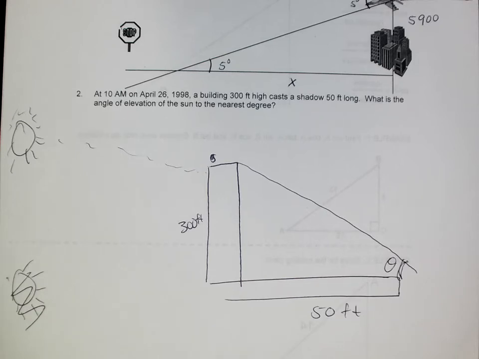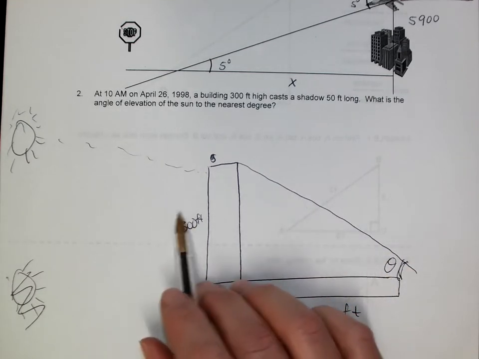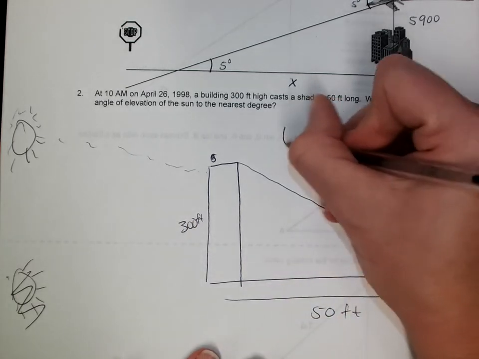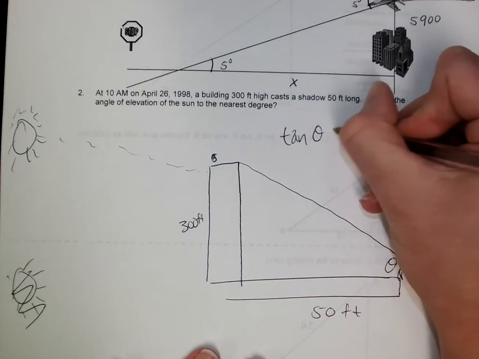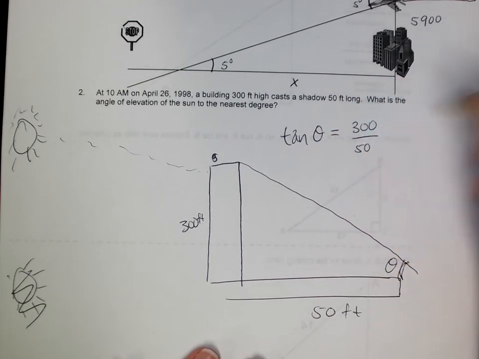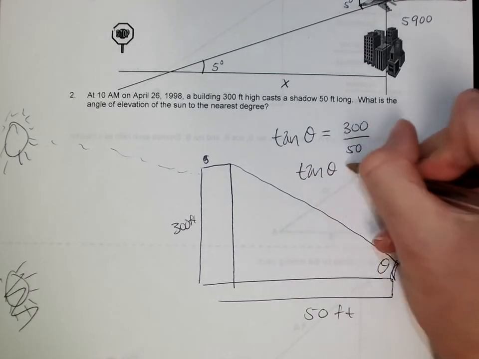To figure that out, we're going to have to use one of our trig functions. In this case, it's tangent because I have opposite and adjacent, and I don't care about my hypotenuse. So I know tangent of theta is going to equal opposite over adjacent. You could simplify that: 300 divided by 50 is 6. So tangent of theta equals 6.